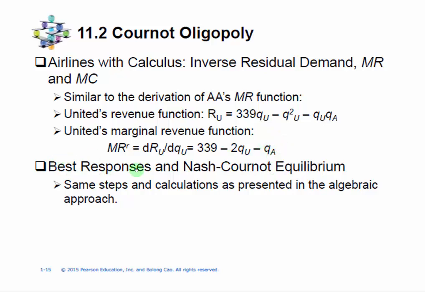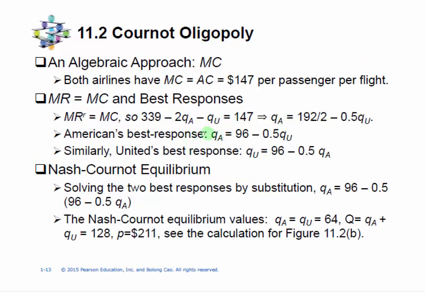To reach the best responses, we only calculated the marginal revenue function, right? The best responses are rooted from marginal revenue equal to marginal cost. And once we get the best response functions from the two firms, in this case, on this slide, we use this system of two equations and two unknowns to solve for QU and QA simultaneously, and we get the same solution.